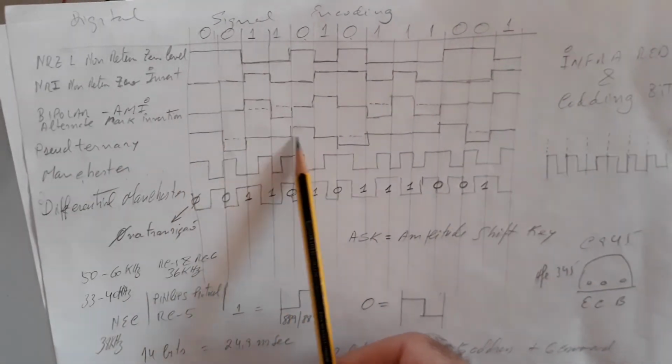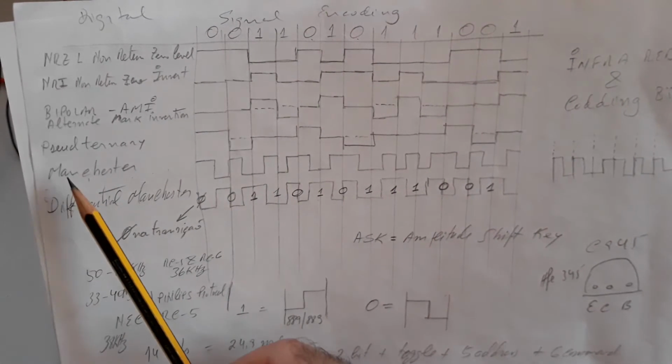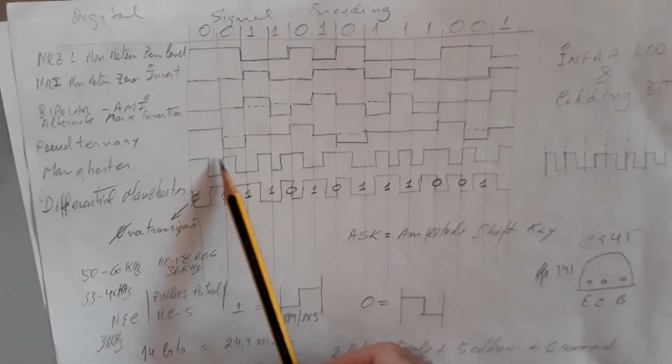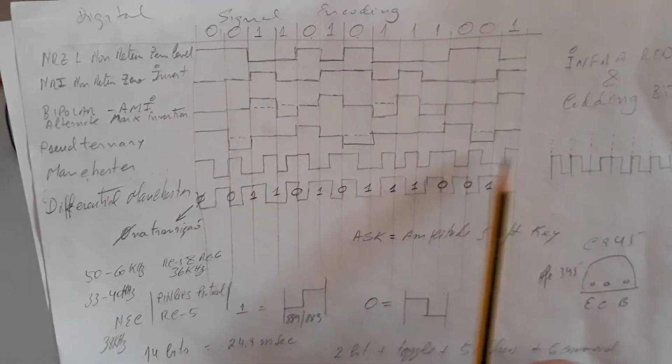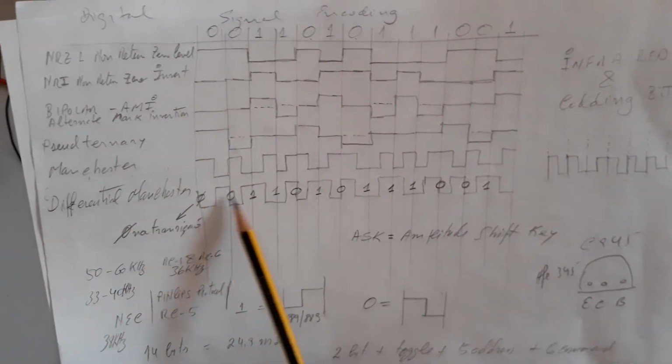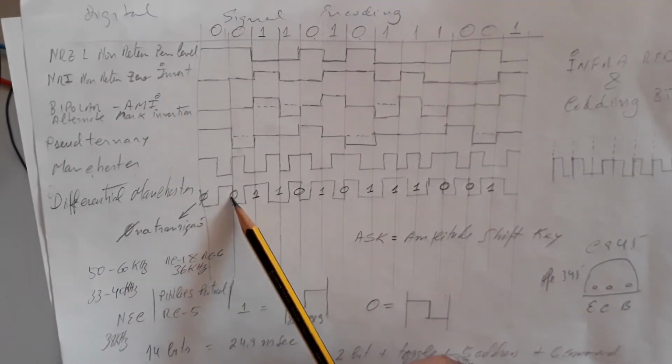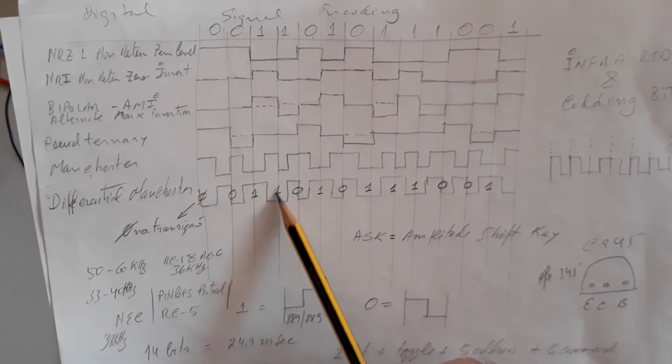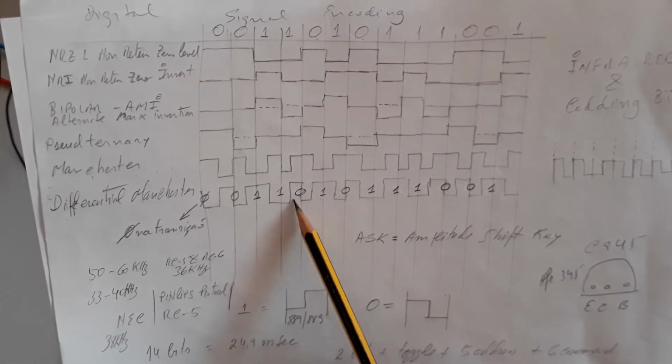Pseudo-ternary is another protocol. Manchester is the code I'm using to codify the protocol on the board. And the differential Manchester, okay? Here the change only happens when you change the pin, up or down, okay?